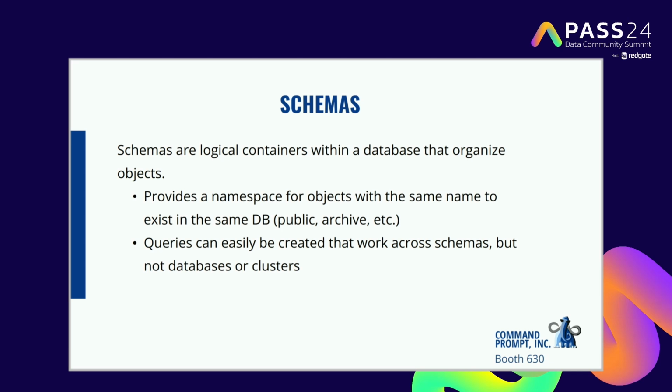There's, of course, the public schema, which is the default schema, but you can also create an archive one, and if you combine that with what we were talking about earlier with table spaces, you can put the archive schema essentially on a slow disk so that it can retrieve information, but it doesn't have to be super quick. And you can also create queries that work across schemas, but not queries that work across databases or clusters.